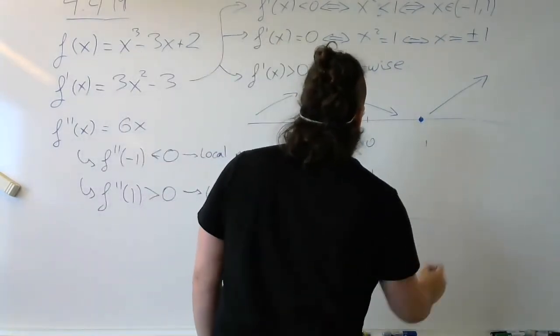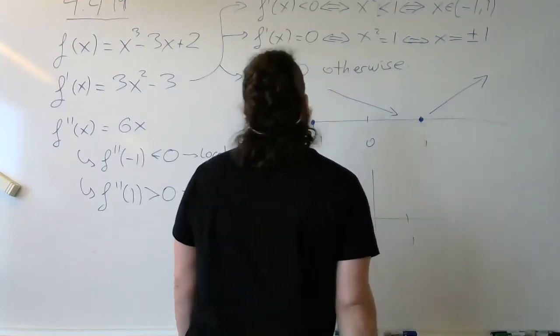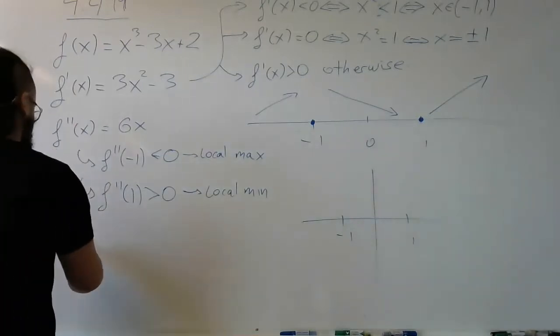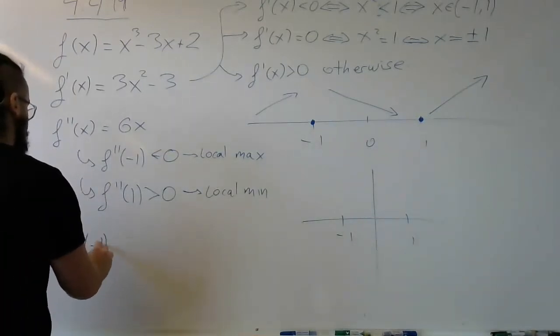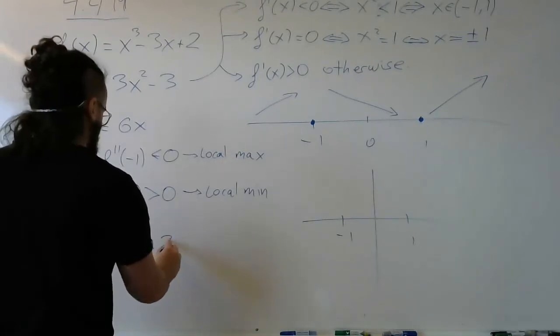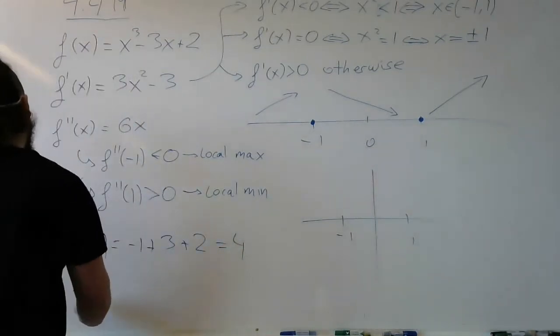Now, with all this information, we can start sketching the graph of our function. We need some more information, namely f of minus 1 is minus 1 plus 3 and plus 2, which is 4.